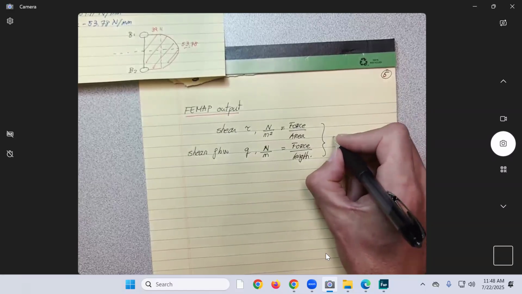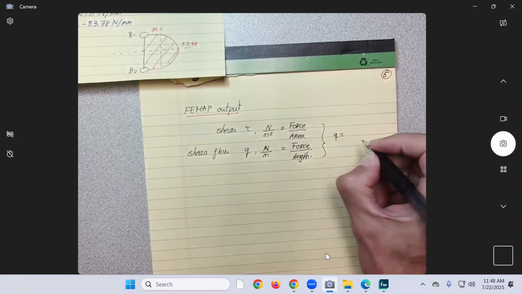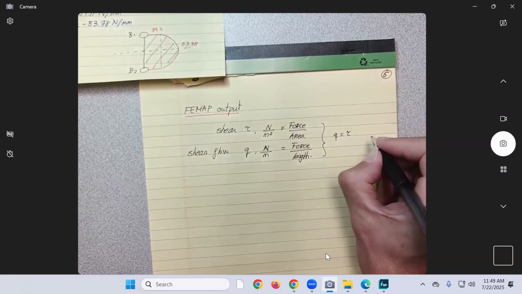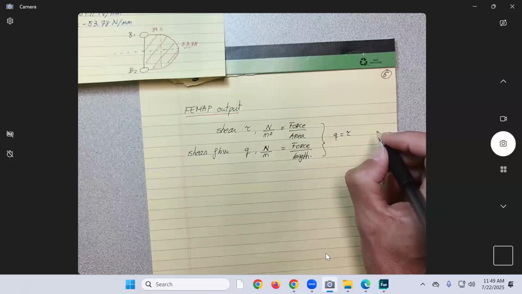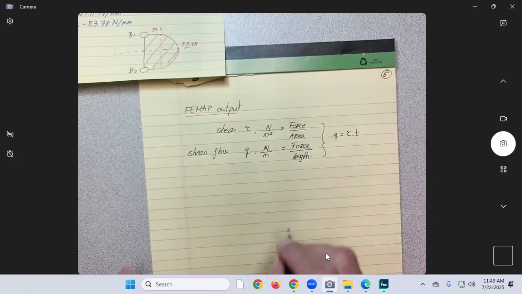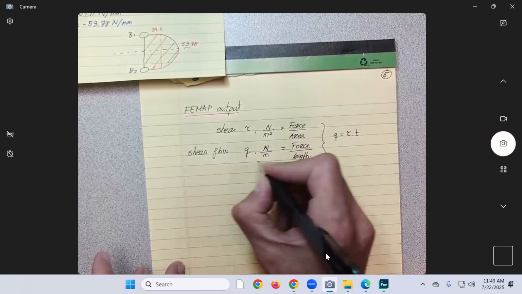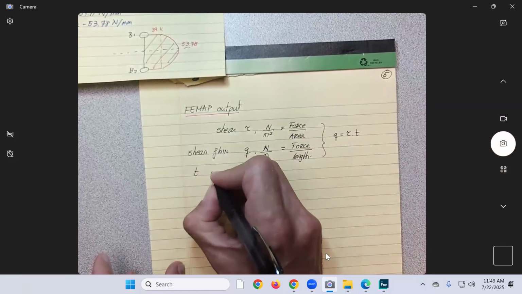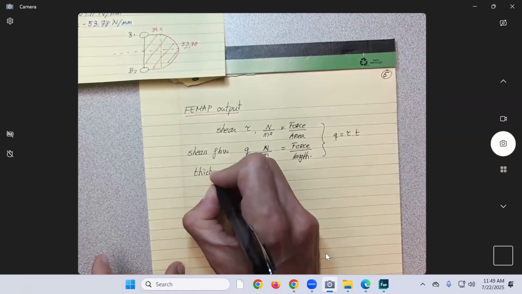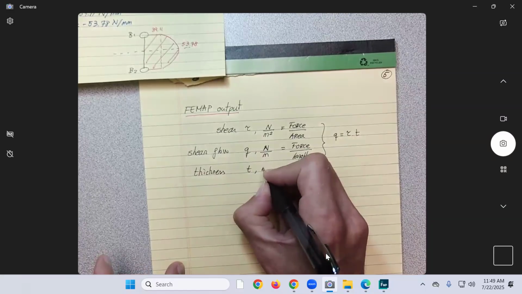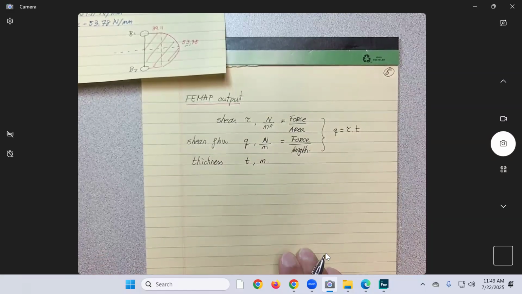So for example, Q should be equal to what? If you just look at the unit, it should be equal to the shear times the thickness, no? So T, thickness, units will be distance, no?